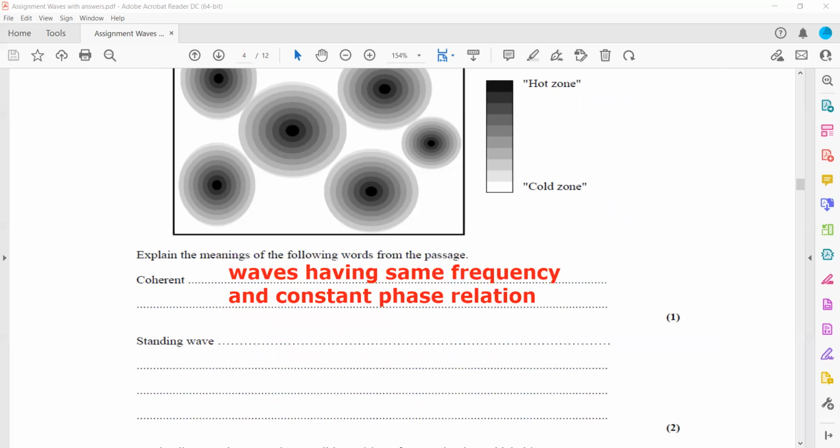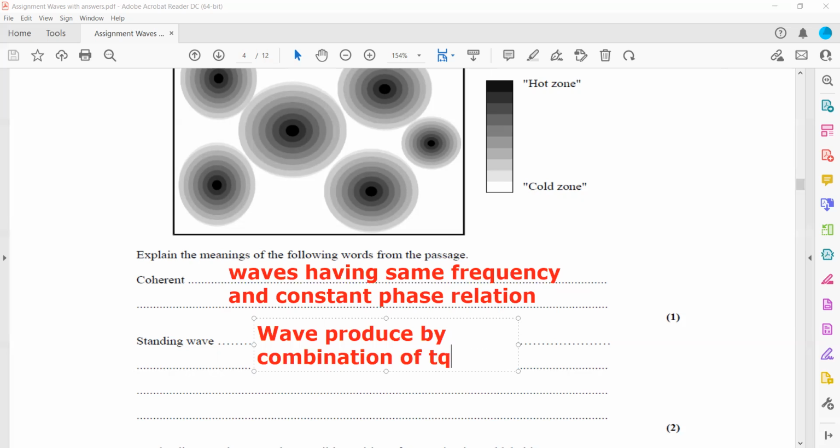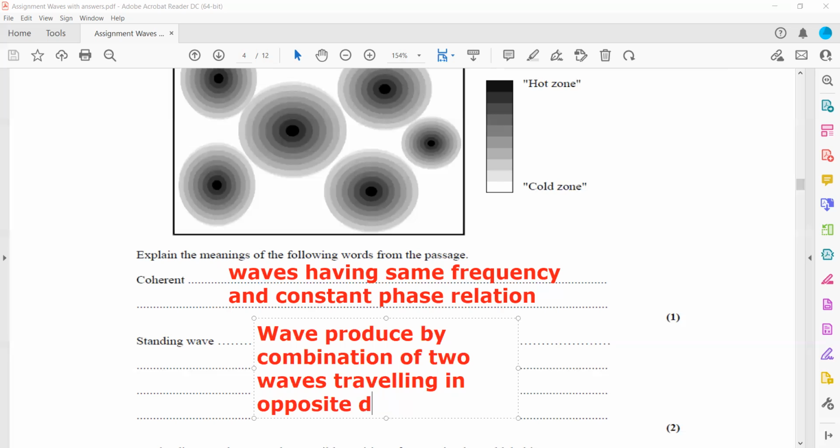And what is the meaning of standing wave? How do we define the term standing wave? A standing wave is the wave which is formed by a superposition or interference of two waves traveling in opposite directions. So, a wave produced by the combination of two waves traveling in opposite directions, producing nodes and antinodes.